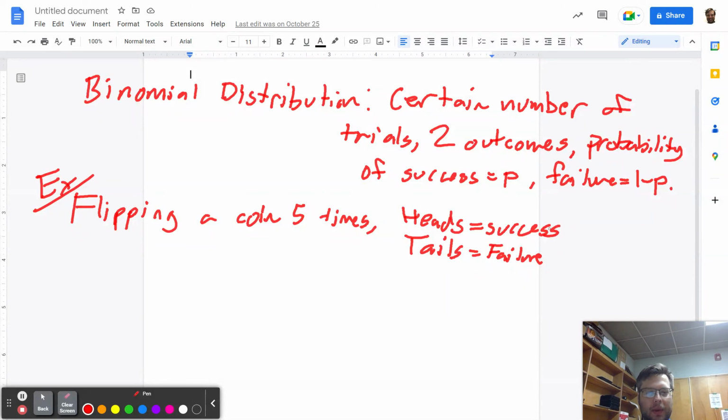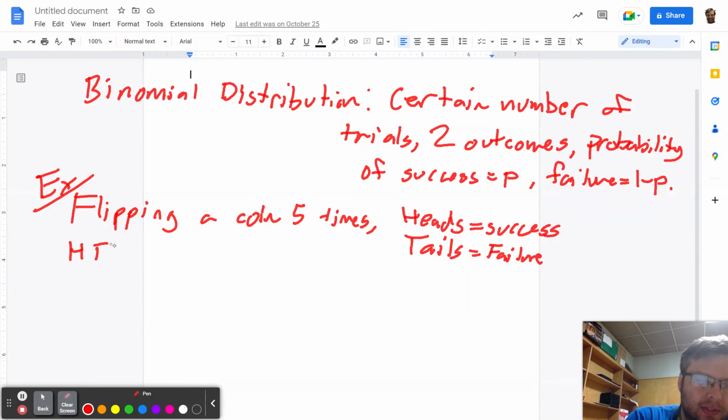So let's say we're flipping a coin 5 times, and what we care about is the number of heads that are coming. Well, there's lots of different outcomes that are possible when you flip a coin 5 times. Here are just a couple examples. You could do heads, tails, tails, tails, tails, heads, tails, heads, tails, heads.